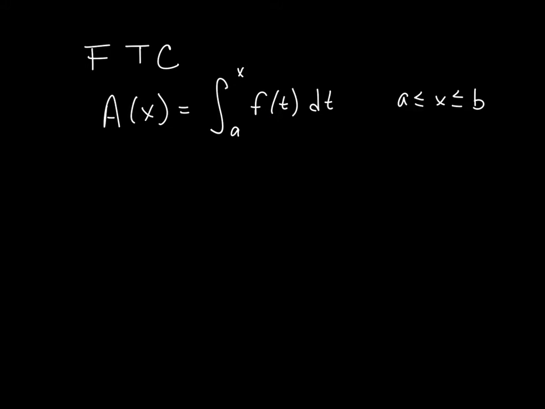So we'll go ahead and start with the fundamental theorem of calculus, which says that the area of the function is the antiderivative. Now the conditions that we have to have around here, f must be continuous on the interval from a to b, and it must be differentiable over the interval.